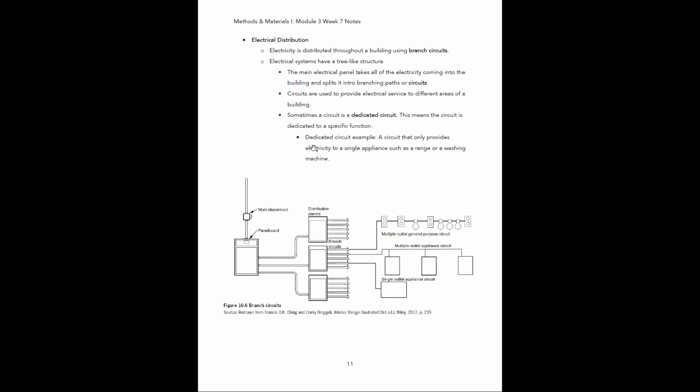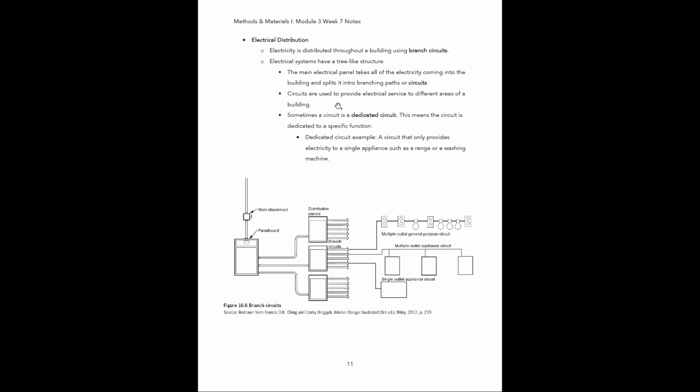This just further elaborates on what I was just discussing with the distribution. To explain this in a more clear way, electricity is distributed throughout a building using branch circuits. Electrical systems have a tree-like structure. The main electrical panel takes all the electricity coming into the building and splits it into branching paths or circuits.